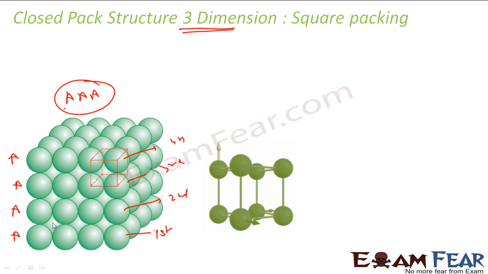And spheres of both the layers are perfectly aligned horizontally and vertically. If you see this direction, this direction, this direction, they are all perfectly aligned. Right? And they are generally found in simple cube lattice, like this. This is a simple cube lattice, the primitive cubic unit.